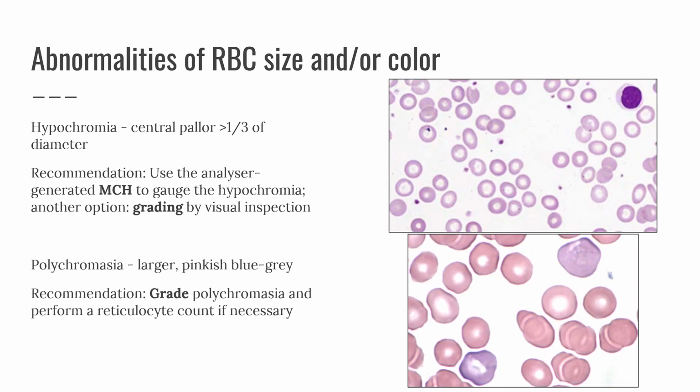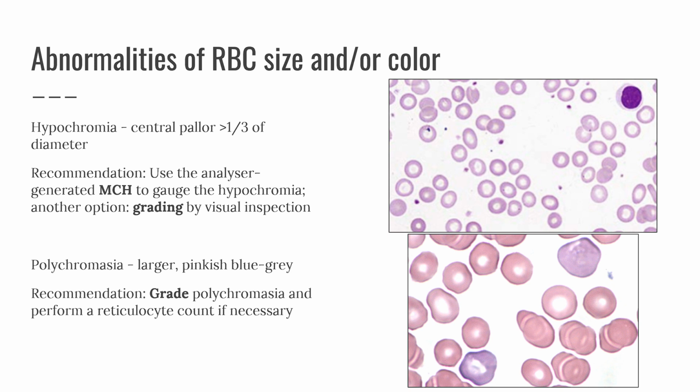Hypochromia refers to a reduction in staining of your red cells. If there is severe hypochromia, both the MCH and MCHC will be decreased, and this usually is present along with your microcytosis. The recommendation is to use the analyzer-generated MCH to gauge the hypochromia.